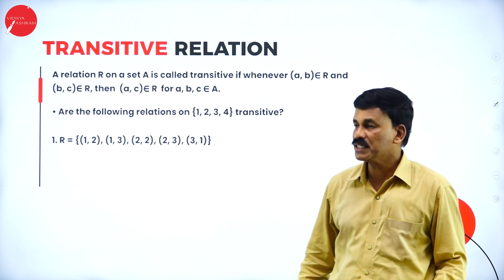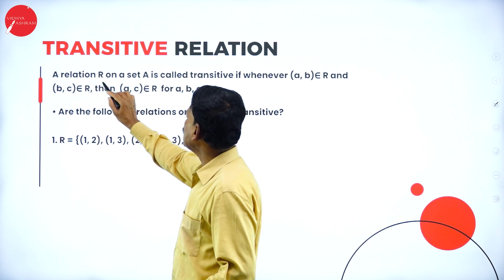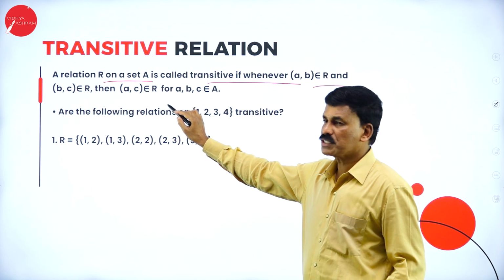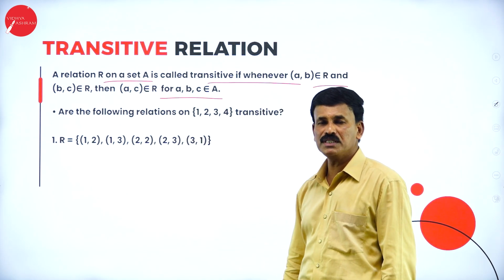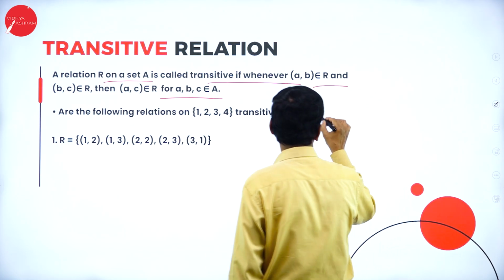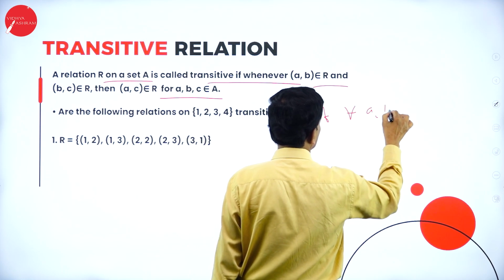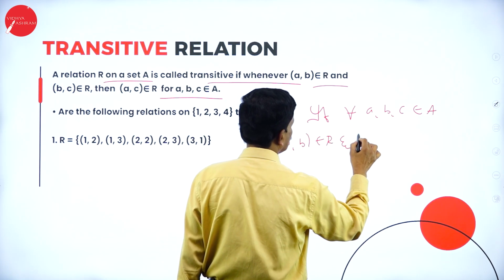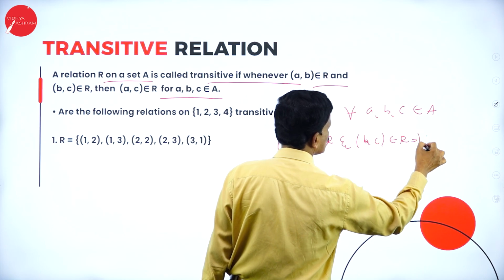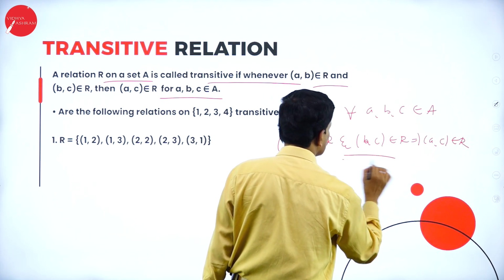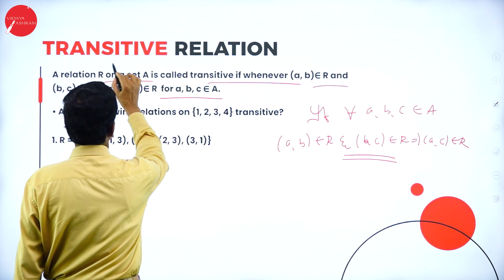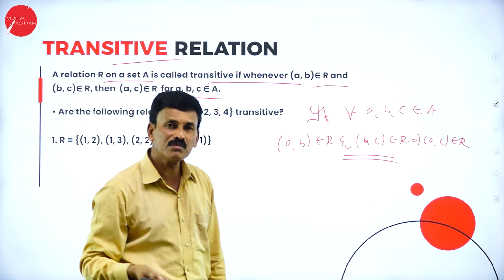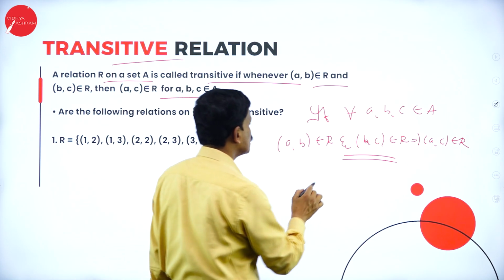Now let us come to the third one, a very important one: the transitive relation. A relation R on a set A is called a transitive relation if (a, b) belongs to R and (b, c) belongs to R implies (a, c) also belongs to R, for all a, b, c belongs to A. If (x, y) belongs to R and (y, z) belongs to R implies (x, z) also belongs to R, then such a relation is called a transitive relation.